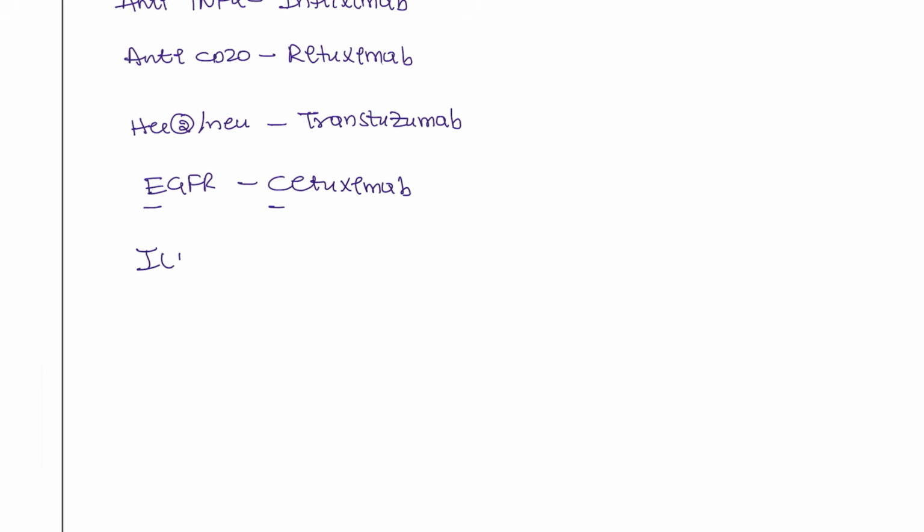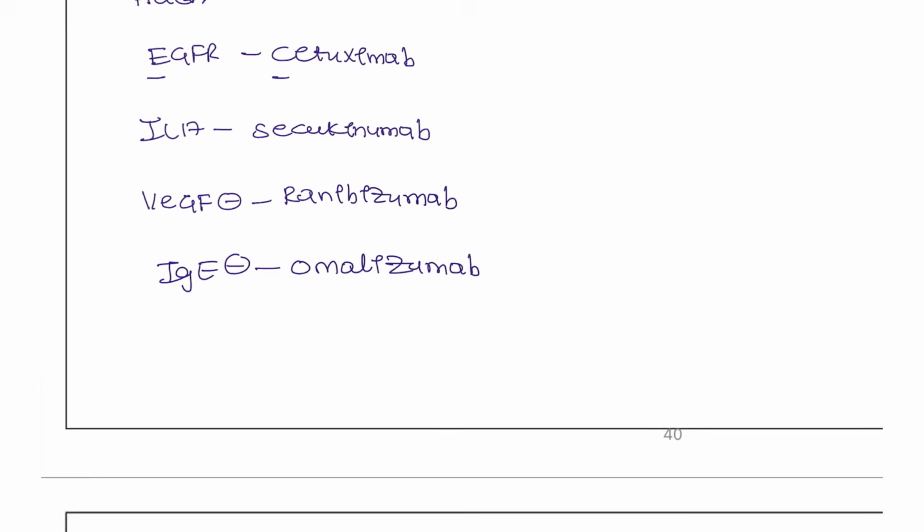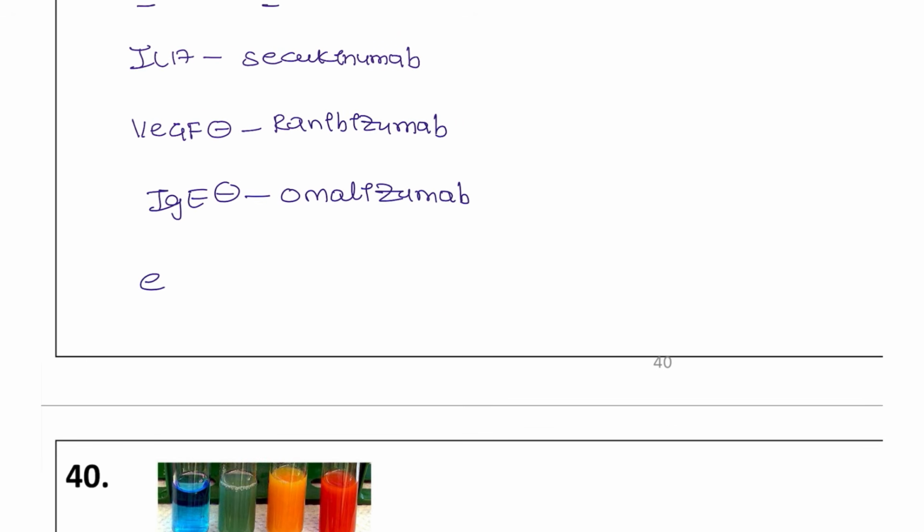Next, IL-17. This is for the secukinumab. And VEGF. This is the ranibizumab. And IgE is the omalizumab. Okay. Next, eosinophils.